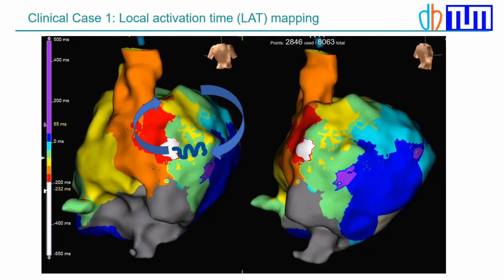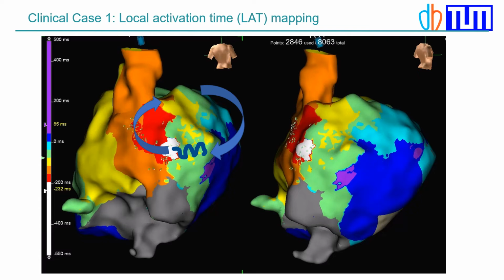If you look now at the LAT mapping of this patient, the colors now stand for activation timing. You see here an early spot, then red means still early, and then this activation front circles around. Here is purple, so the latest. And then the system has problems assessing the timing here, and that's exactly the region where I showed you the electrograms before, barely visible small low voltage signals.